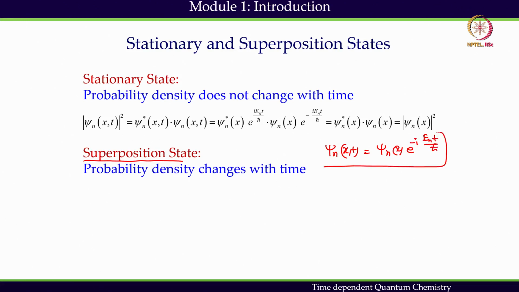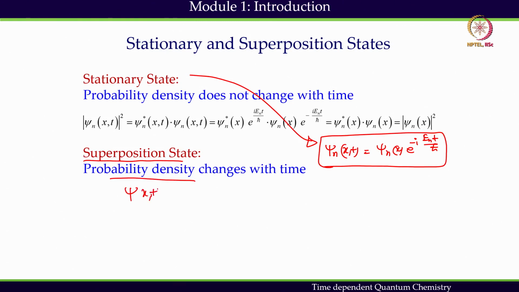If the particle is staying in this state, it is a stationary state. Its density does not change as a function of time. In order to observe a change in probability density, the particle has to be in a superposition state, and superposition state, what does it mean?